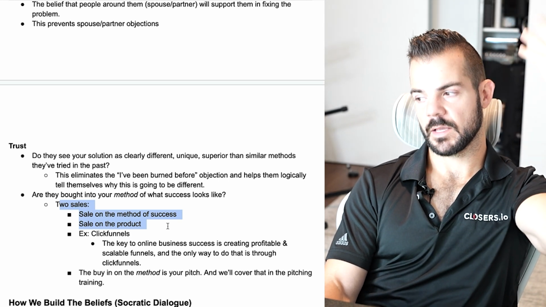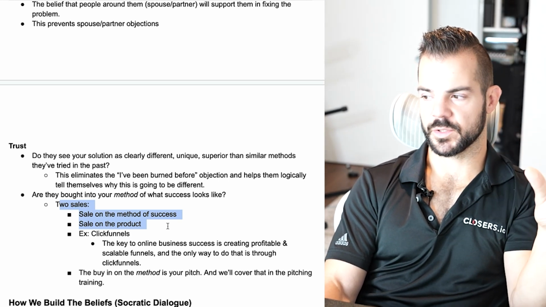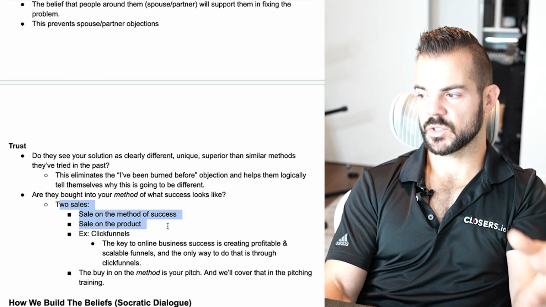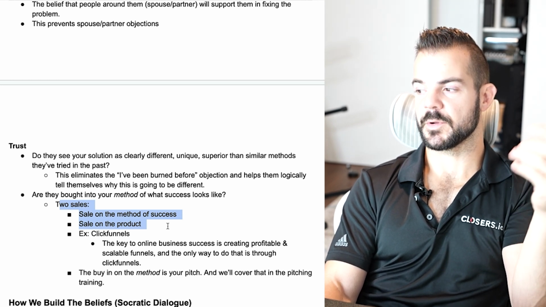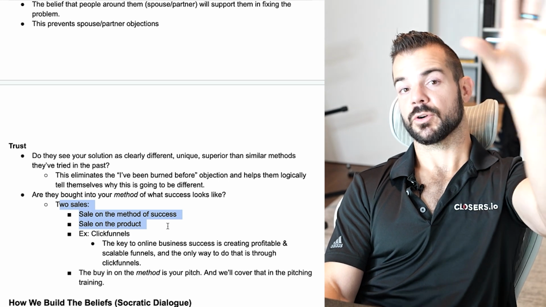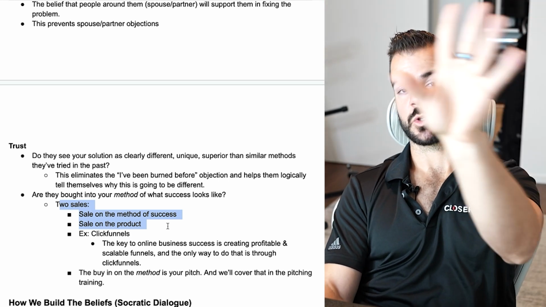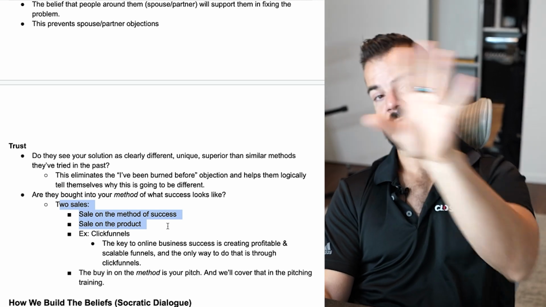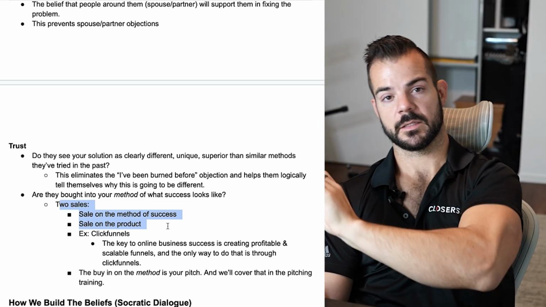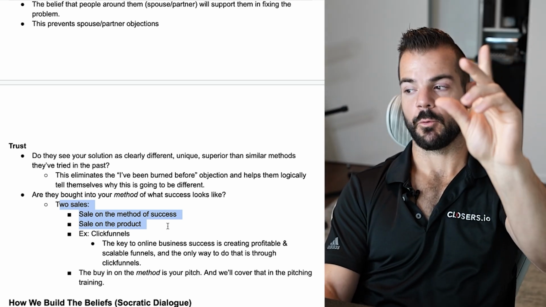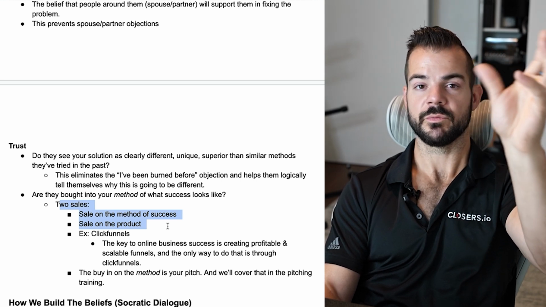Okay? So again, like Russell Brunson, this has been called different things in marketing from the beginning of time. Russell in his book particularly calls it the domino belief. It's like you want to believe your method is the fastest, most effective way to get the result, and the only way to obtain that result is through the product, right? That's really that belief, that one belief that if they believe to be true, they buy, right?